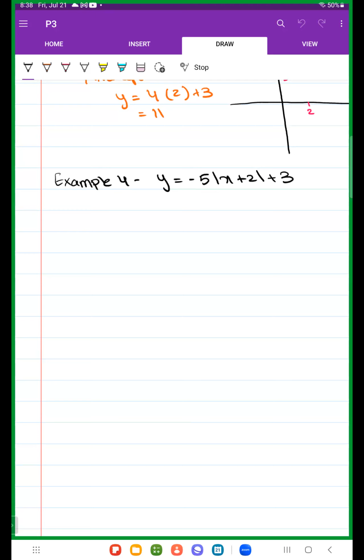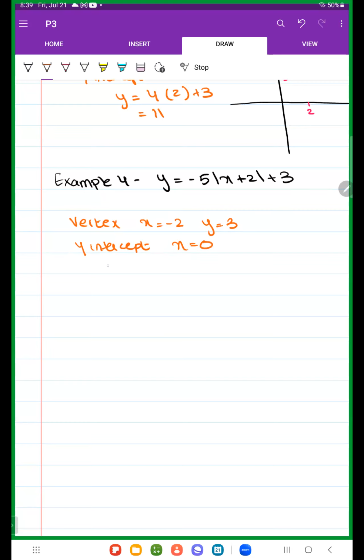All right. So let's look at the vertex in this question. So my vertex would be, oh, I made a mistake again. I'm sorry. It's okay. So x is minus 2 and y is 3. And your y-intercept would be, x is 0.